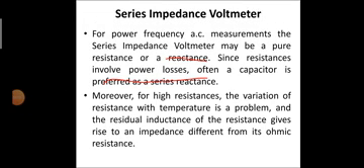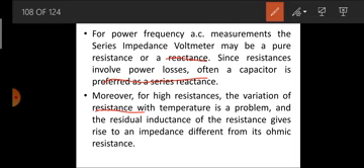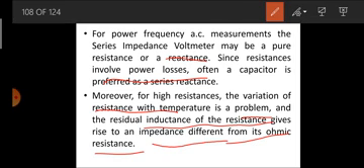Moreover, for high resistances, the variation of resistance with temperature is a problem, and the residual inductance of the resistance gives rise to an impedance different from its ohmic resistance.